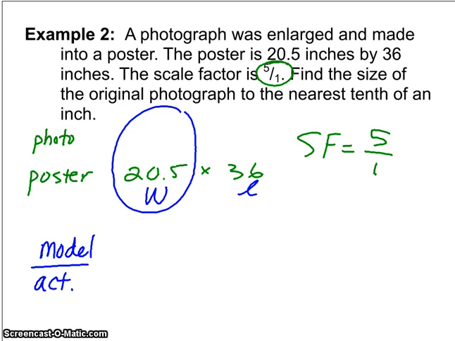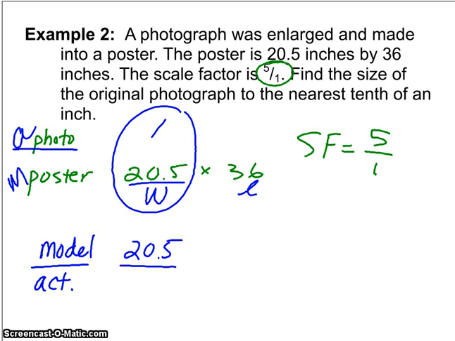So we have our model, which would be the poster. We started with the photograph, so that was our actual, our real piece, and then we modified it to come up with our model of our poster. So the model, we know the model for the width was 20.5.